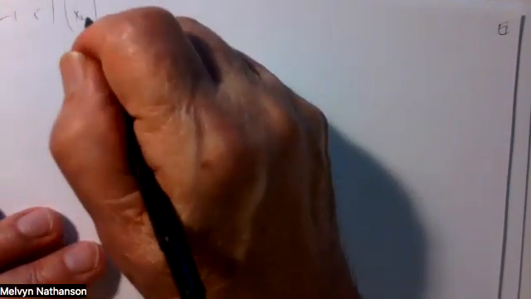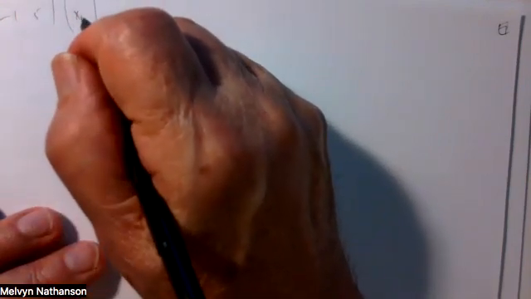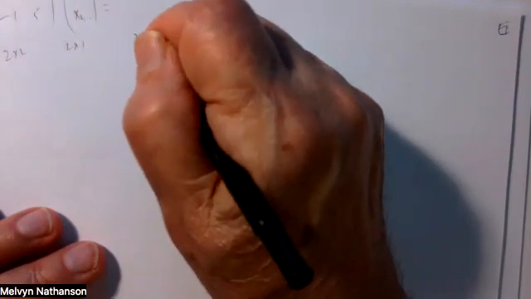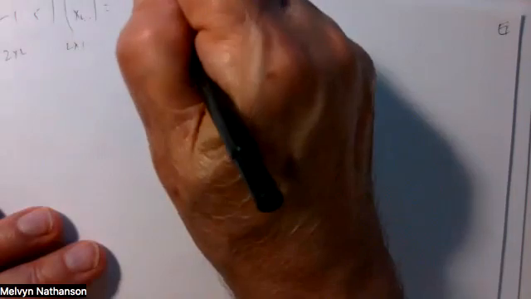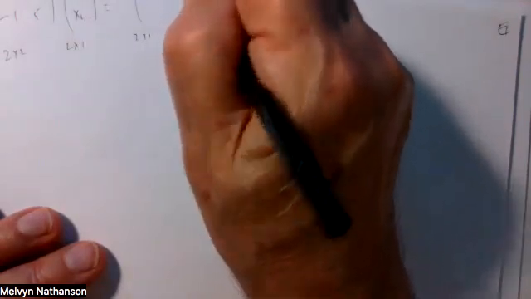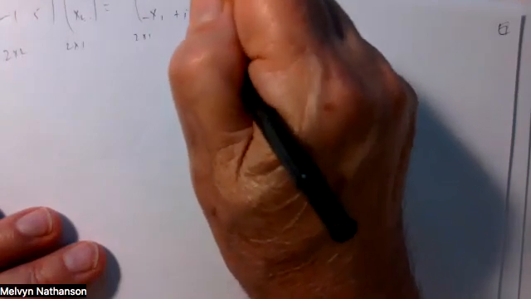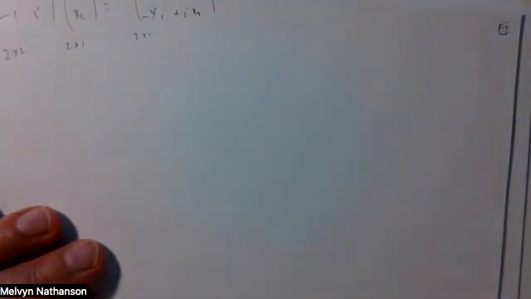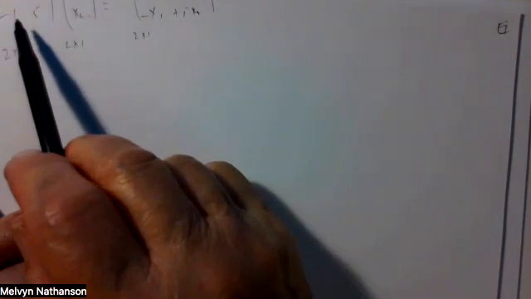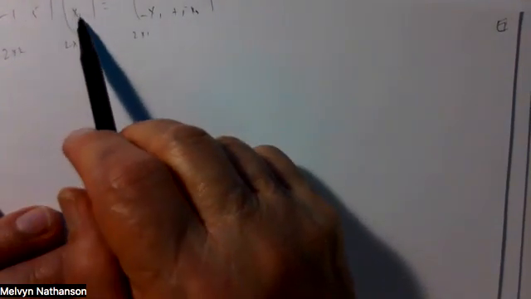A column vector is like a matrix. It's just a matrix with 1 column. This is 2 by 2. This is 2 by 1. You multiply them, you're going to get another 2 by 1 matrix: 2x1 plus 3x2, minus x1 plus 5x2. So this matrix times this column vector gives this column vector.